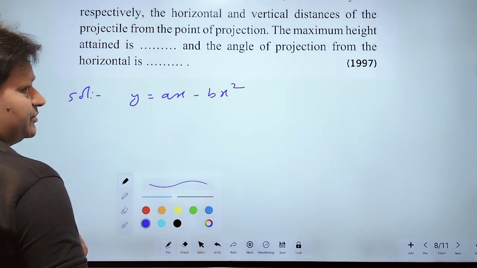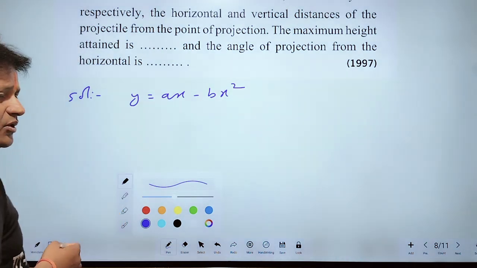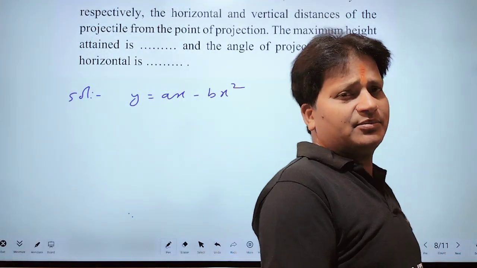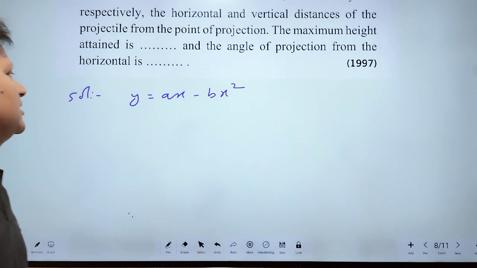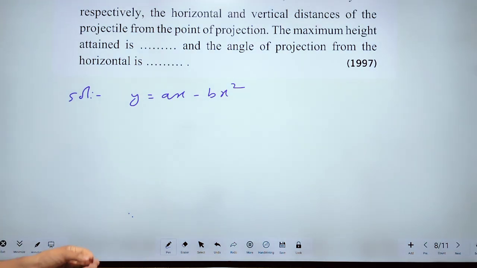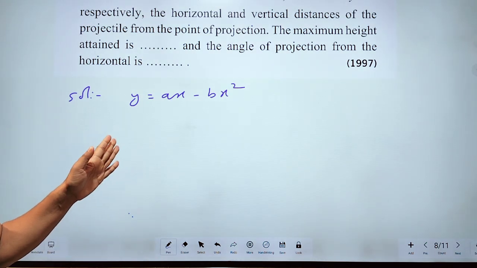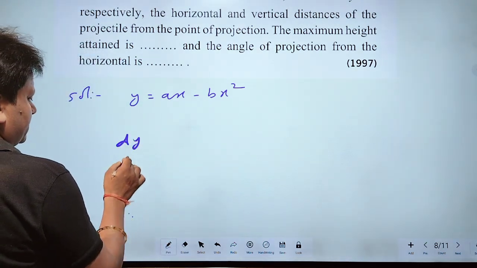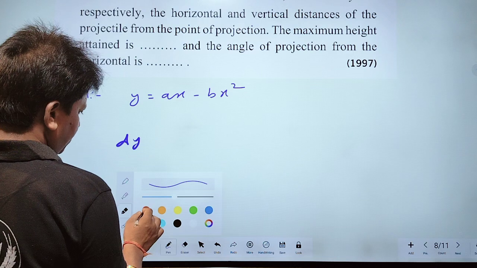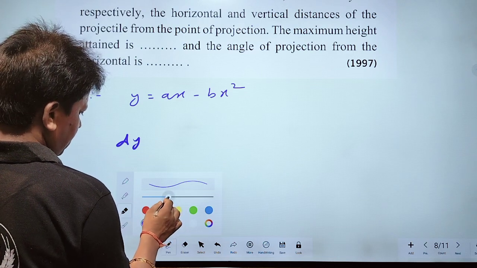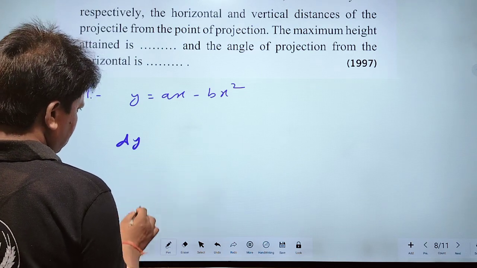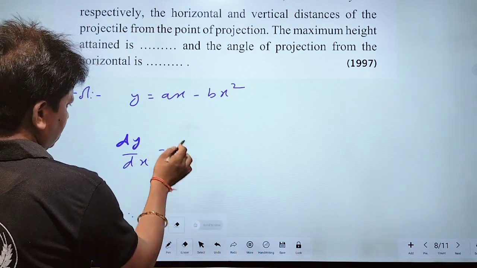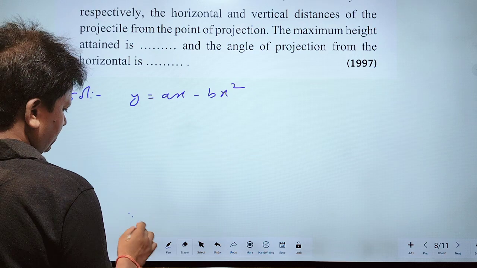I have already taught you this in the maxima minima chapter. y has a maximum or minimum value if dy by dx is equal to 0. The slope will be equal to 0. Okay.